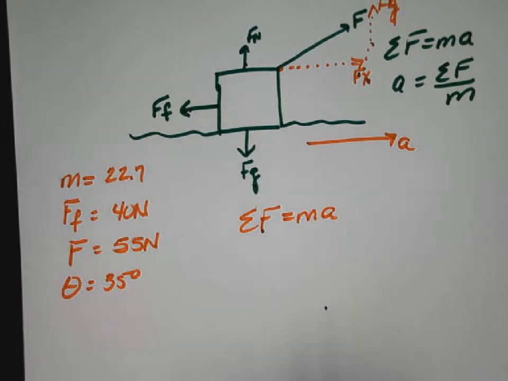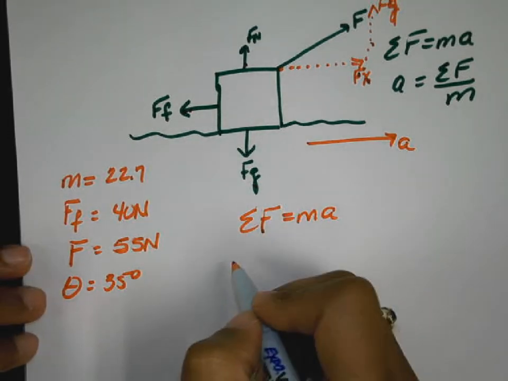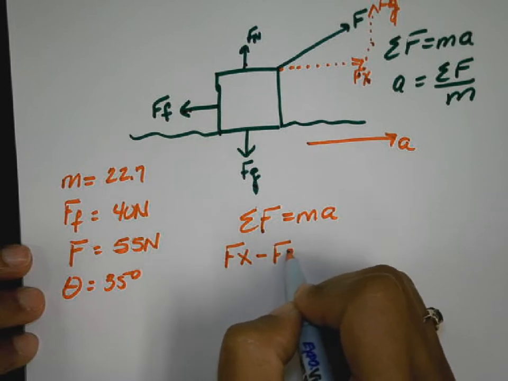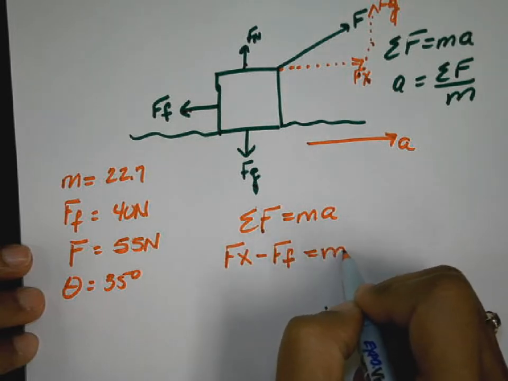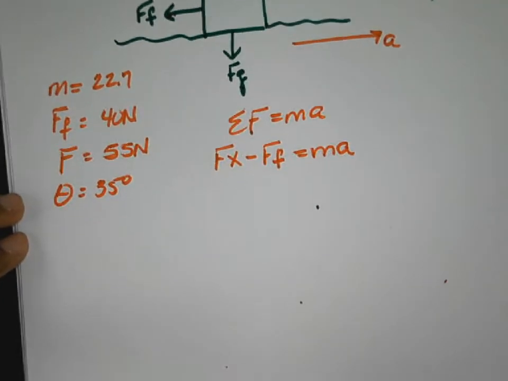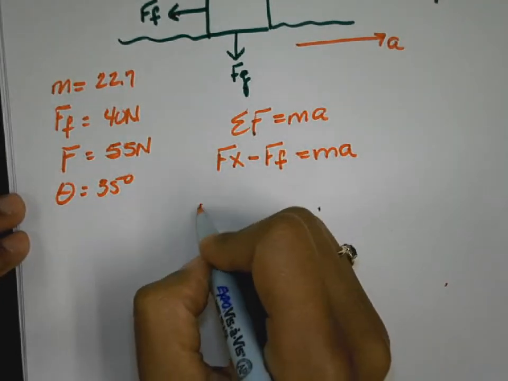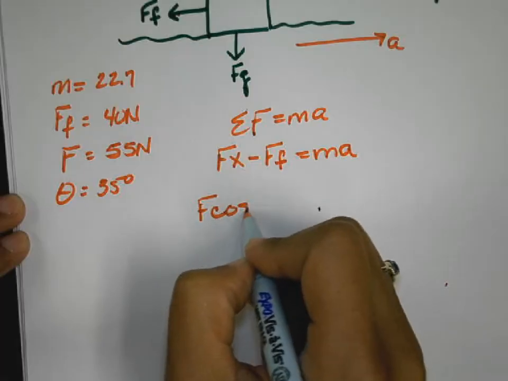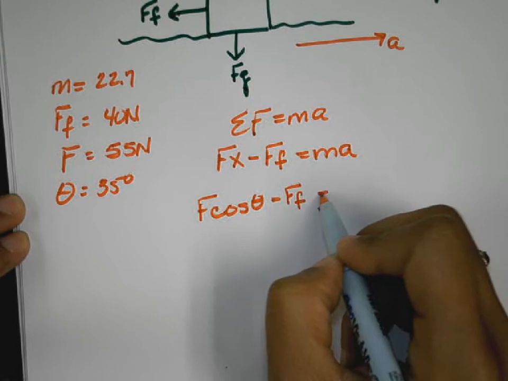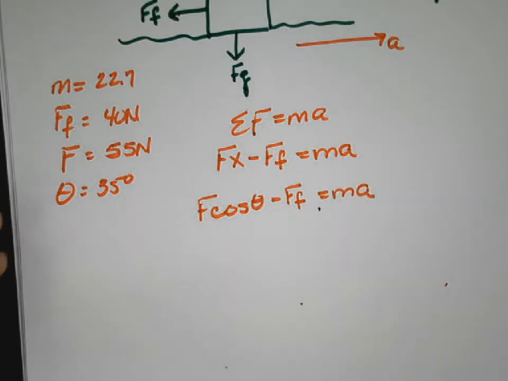And I'm going to do this step by step and write out all the details. So I'm going to say force on the x minus force of friction equals ma. So I teased out a bit more detail in that equation. Force on the x is F cosine theta minus the force of friction equals ma. Everybody good?